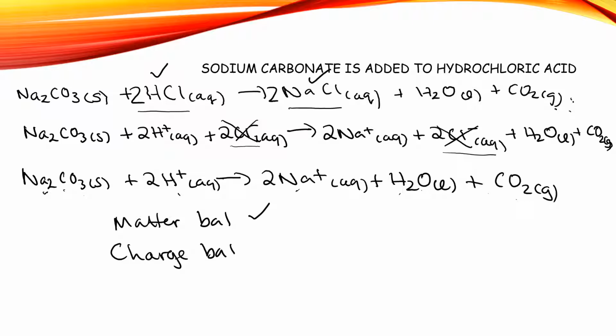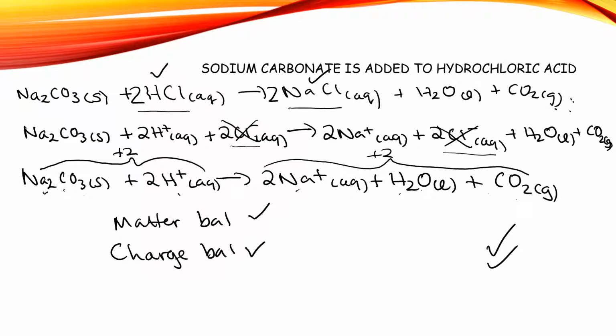So we add up the entire reactant side. So this thing is 0 plus 2 lots of plus 1 is plus 2. Let's add up the product side. This is 2 lots of plus 1 is plus 2, plus 0, so it's plus 2. So our charge is balanced. So we have now balanced our ionic equation.